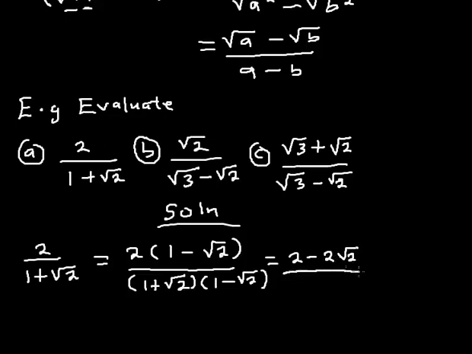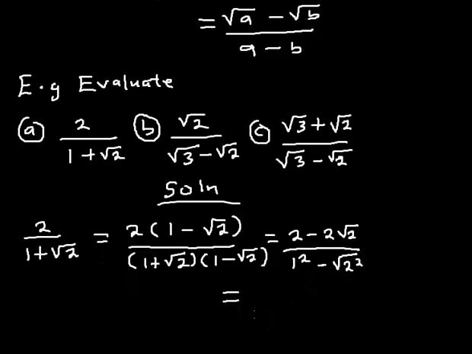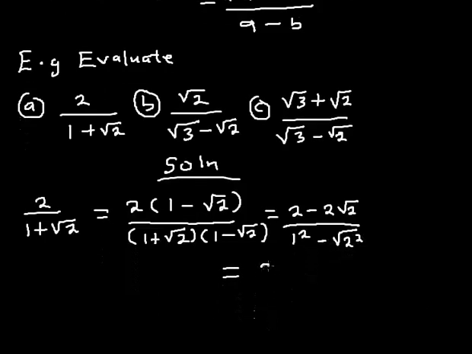Then divided by difference of 2 square. Remember, the denominator is difference of 2 square. That will be 1 square minus root 2 square. Okay, of course, this is going to be 2 minus 2 root 2.